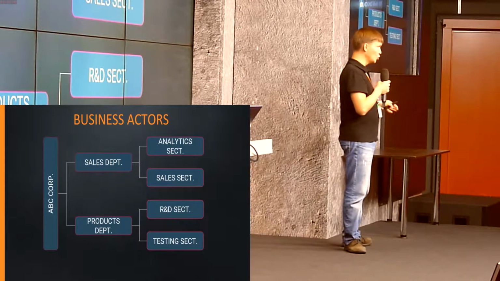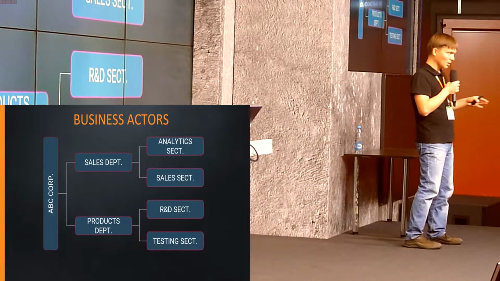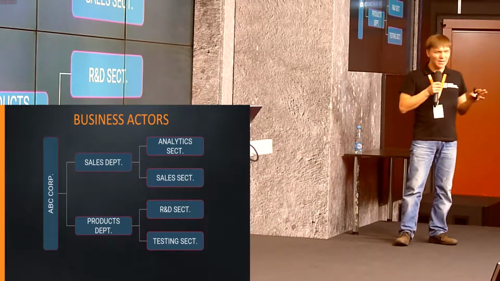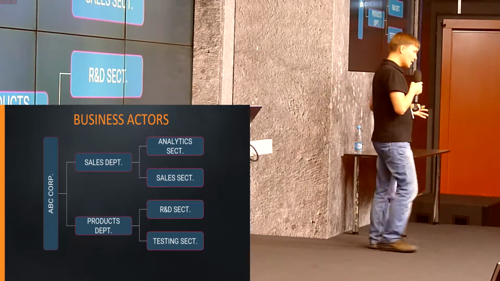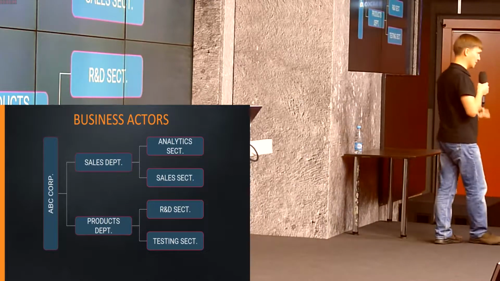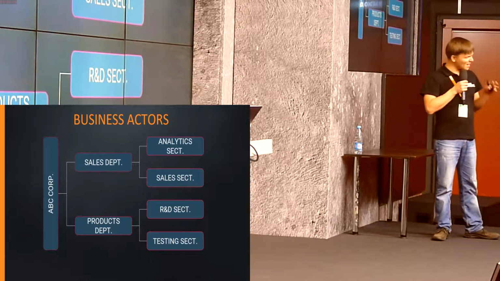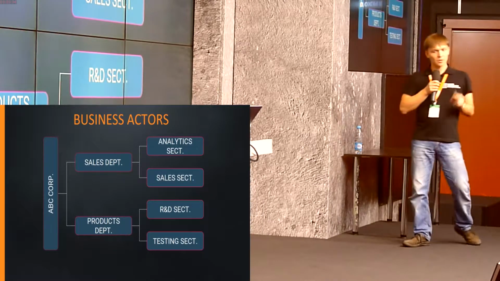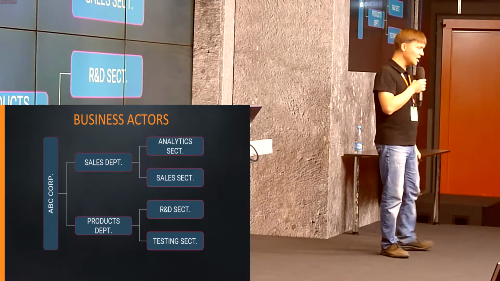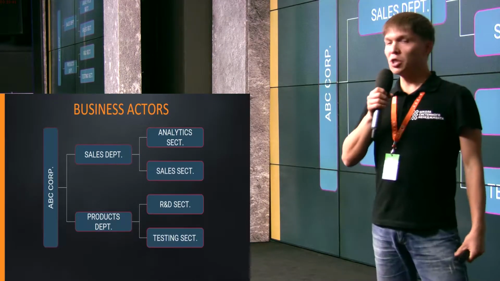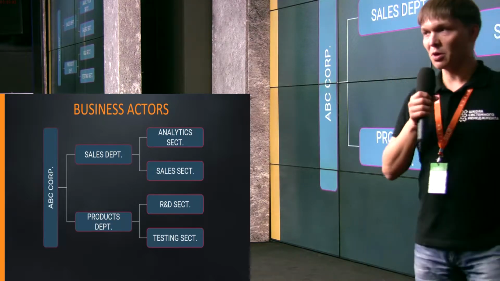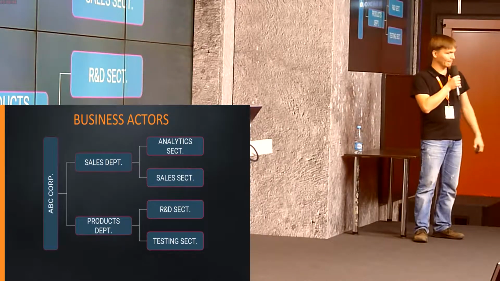But if you go to the department manager, it becomes pretty complicated, because a department manager can be interested in R&D and testing. So a little lower quality model. And if you go to the CEO, the job title gives you no idea what the concerns of this person are.